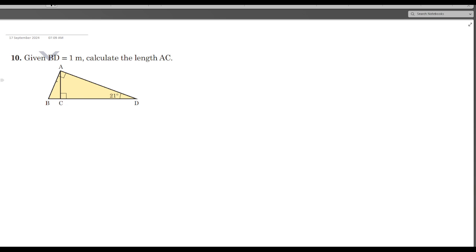Next question, BD is given as 1. Calculate the length of AC. So here, let us first find out what AB is. Sine of 21 degrees is equal to AB divided by BD, which is 1.